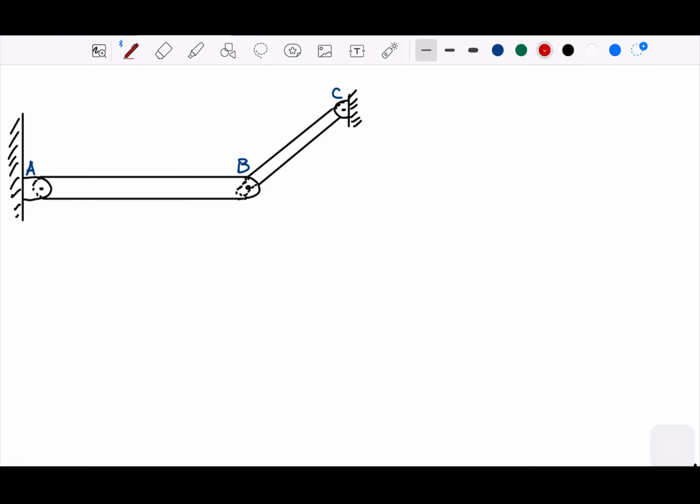Then we apply the force around here. This will be 50 kilonewton. That describes the distance from A to this force. Maybe that's too close. Maybe if this is 4, maybe this is 3, around here.